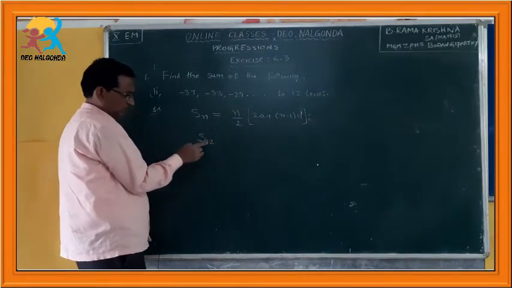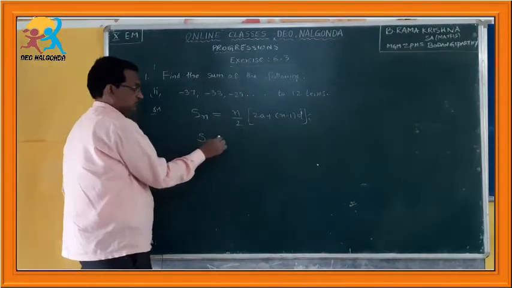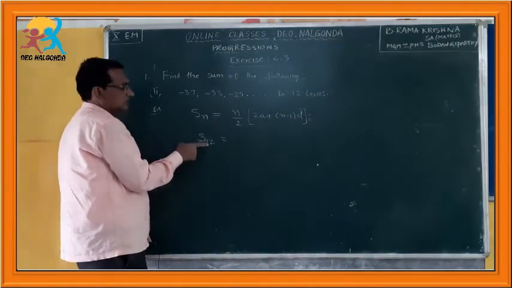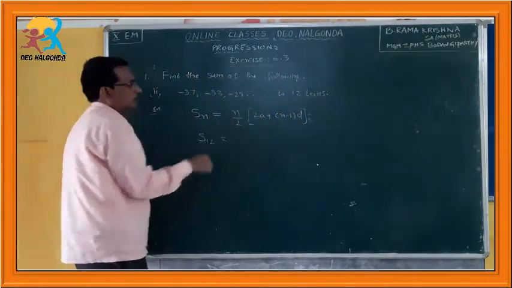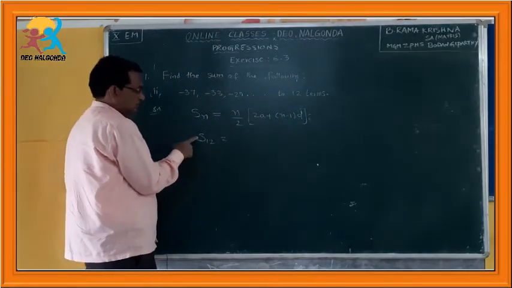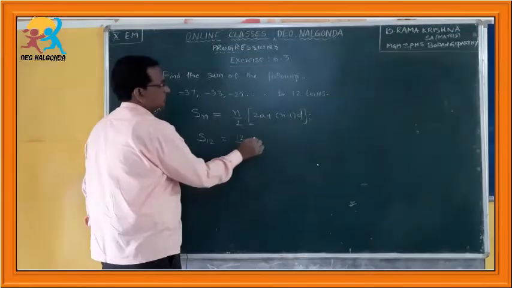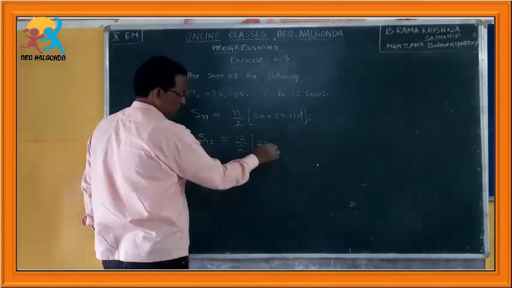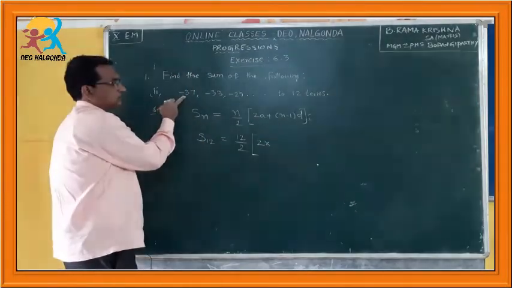This 12 is nothing but n, so you can directly substitute. S12 is equal to 12 by 2 into 2a, 2 into, what is a? a is the first term.